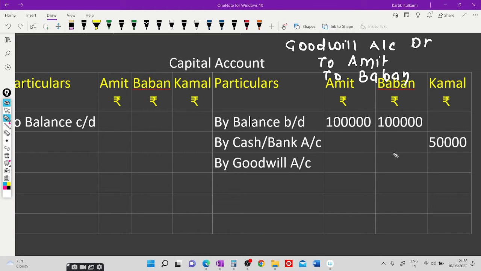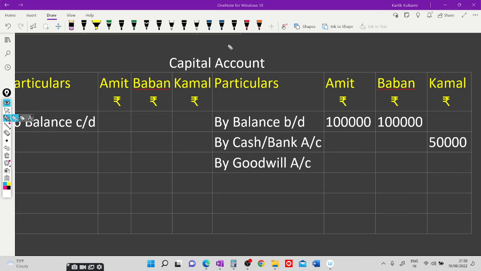So the goodwill of 40,000 will be transferred to both these capital accounts in sacrifice ratio. In a separate video, I will definitely explain to you how to calculate sacrifice ratio. So here now sacrifice ratio will be 2:3.